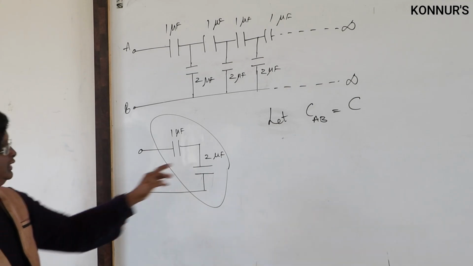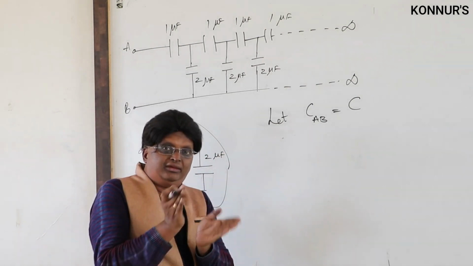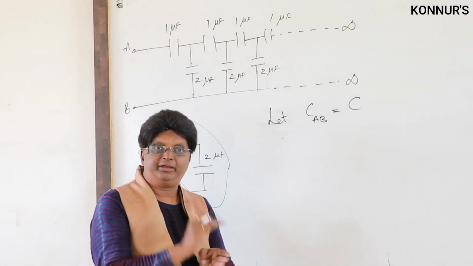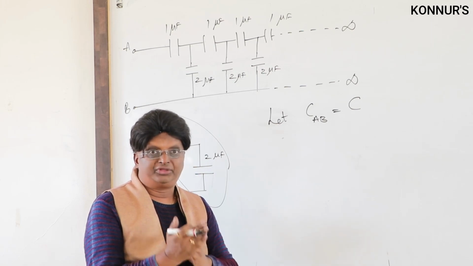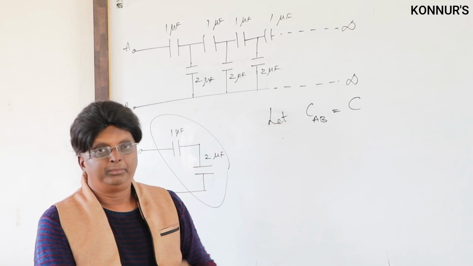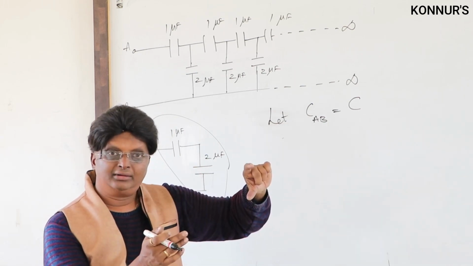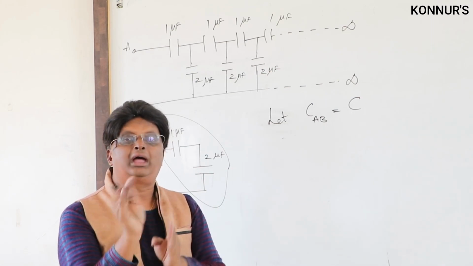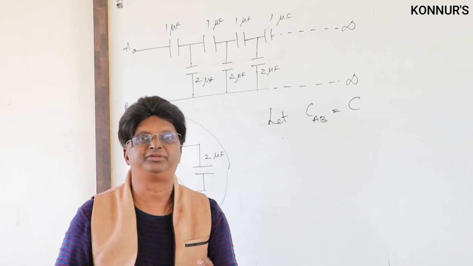Now this is the effective capacity of the infinite ladder. For an infinite ladder, remember, if I add one more unit, it will still have the same capacity C. That is the principle here, because it was already effective for an infinite ladder. For that infinity, if you add one more, there is no difference whatsoever.